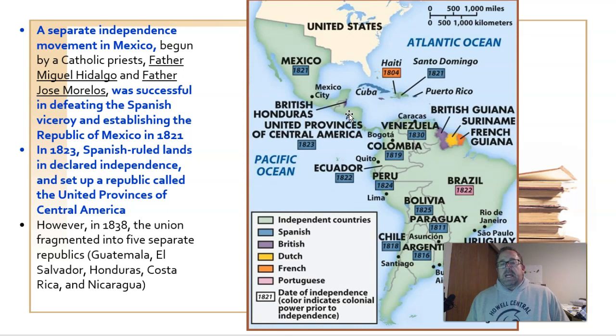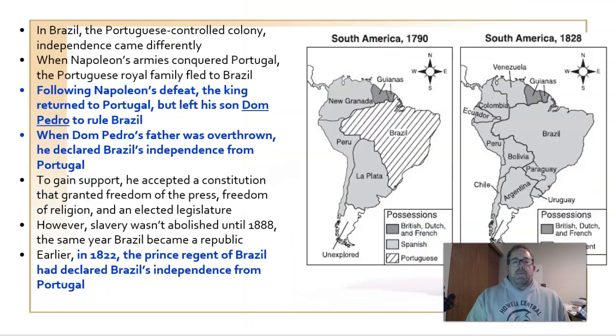Once this is completed, I still have to talk to you about Brazil, which is something separate. When Napoleon topples the monarch in Portugal, the Brazilian people gain their independence.